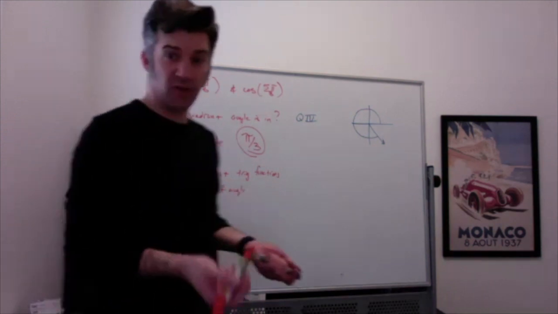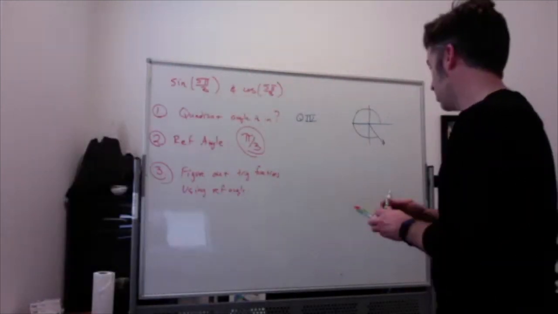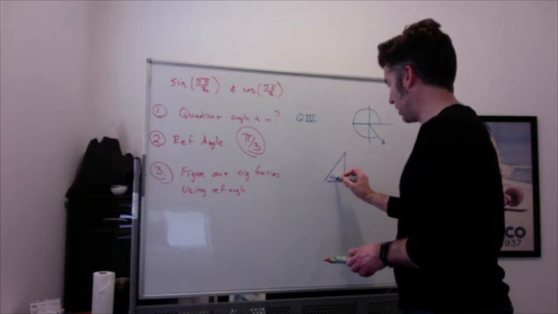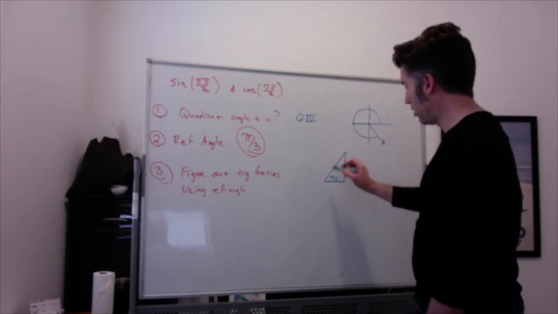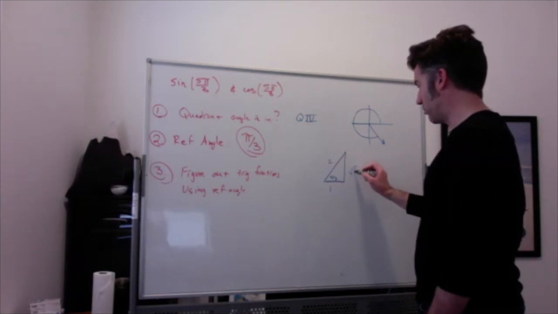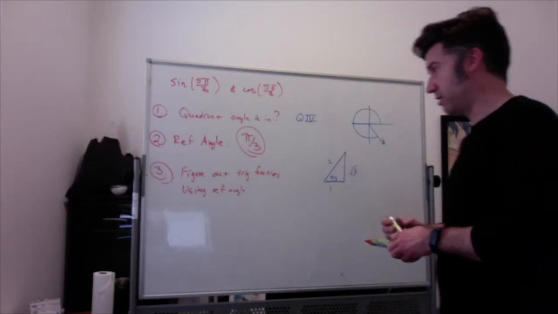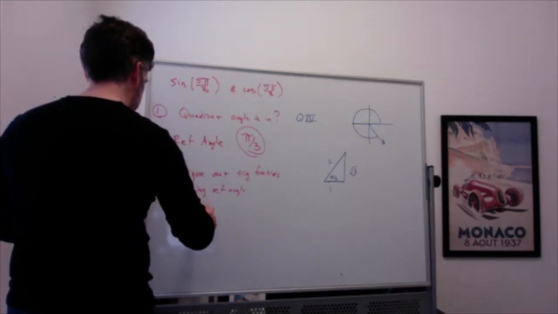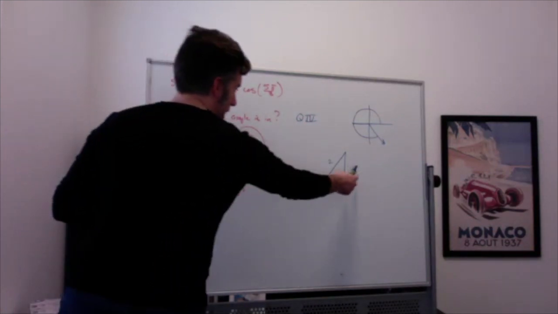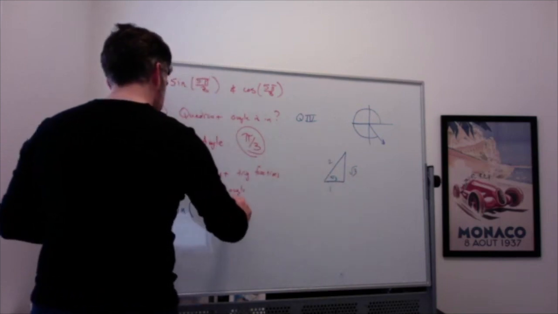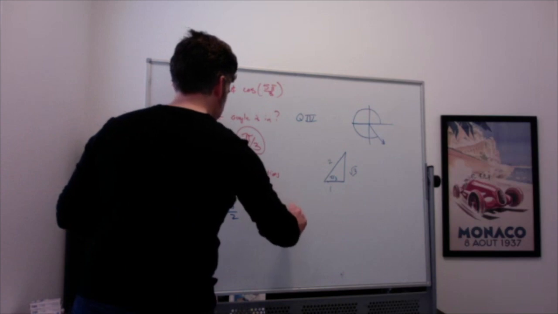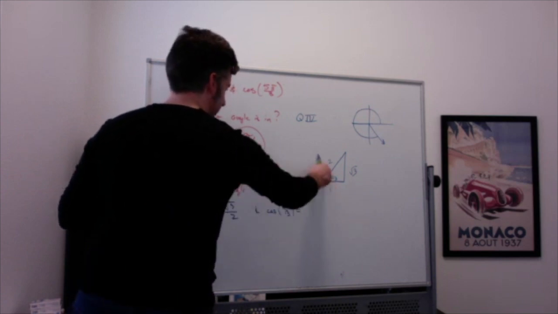So we know from our previous triangle work, from this triangle, where pi over 3 is the angle, and the sides are 2 and 1 and the square root of 3, we know that sine of pi over 3 is opposite over hypotenuse, which is root 3 over 2, and cosine of pi over 3 is equal to adjacent over hypotenuse, which is 1 over 2.